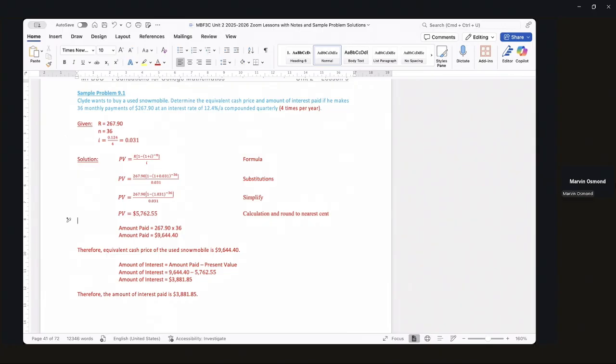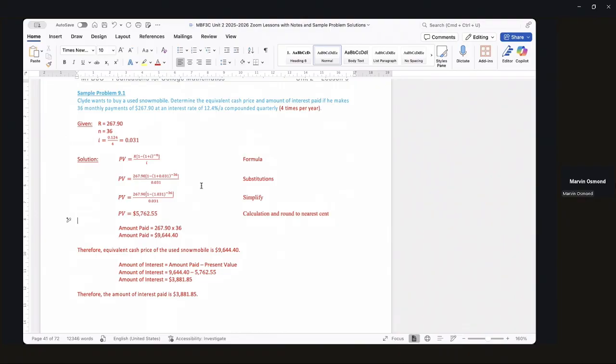So if you do the present value formula, plug all the numbers into the calculator, and you don't get $5,762.55, then there's a mistake somewhere. It may just be the way it was entered into the calculator. If you can't figure it out, give me a call, text me, email me, and I can walk you through the steps, depending on the calculator you have, whether a graphing calculator, a scientific calculator, or whatever you're using.